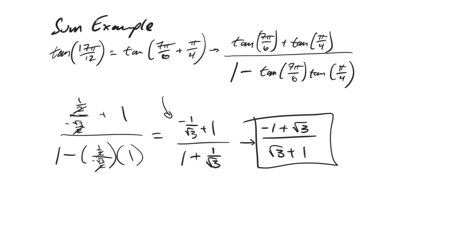If we wanted to get rid of this, we could rationalize the denominator by multiplying times its conjugate. We just reorder this here because I could rewrite this as 1 plus radical 3. Order does not matter. Okay. So we need to do that, but we don't need to. This is mathematically accurate. And the focus here is analytic trig, not rationalizing fractions. I'll leave that for you to do.